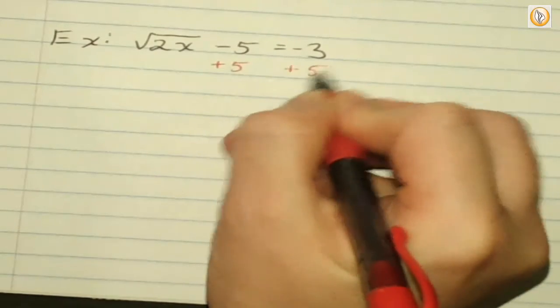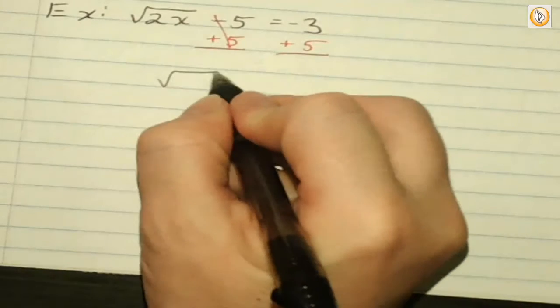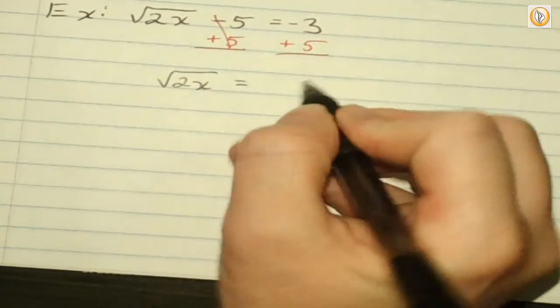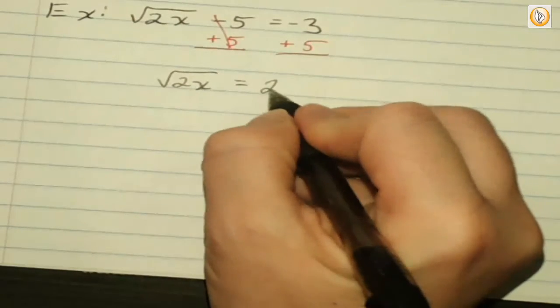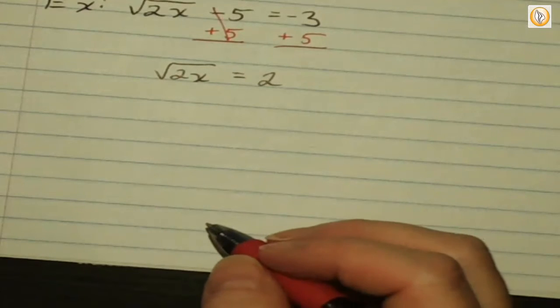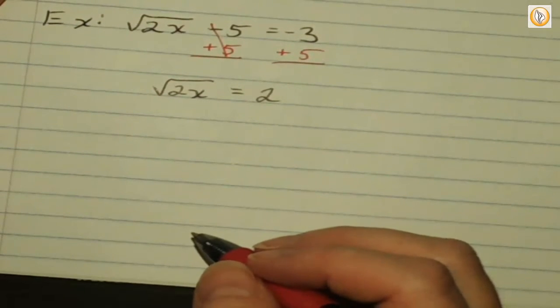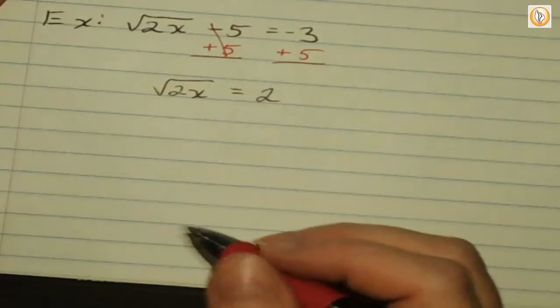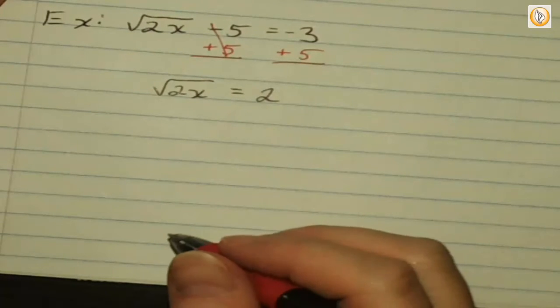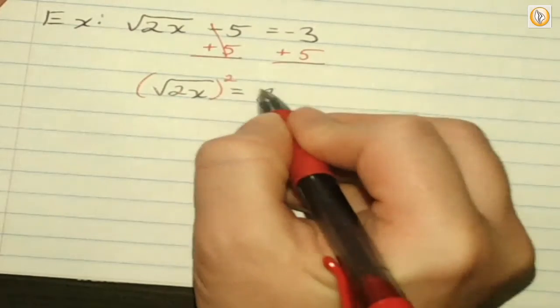Very good. Now what? Now what's C? That's right. You square them both.